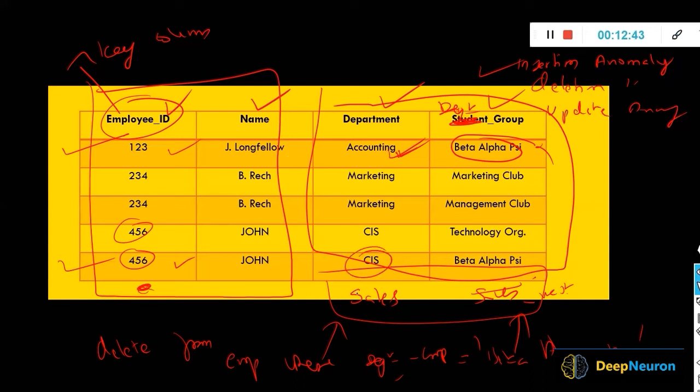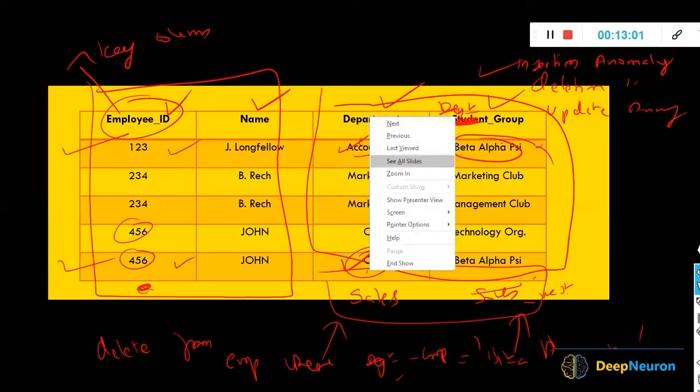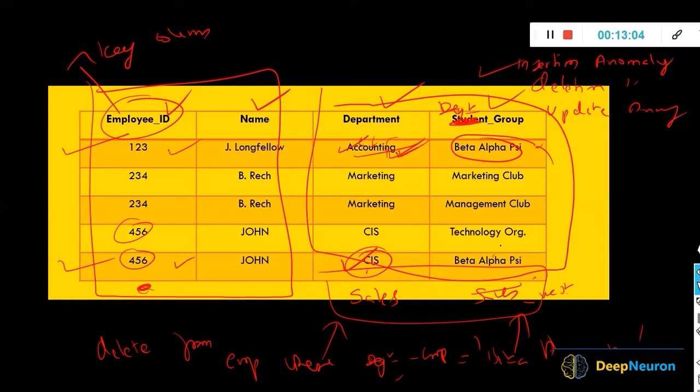So in that case, you will have to update here and you have to update here. He is no longer part of accounting, so you want to override this value. Unnecessarily, you need to update in two different places. But he belongs to two different groups, and still his record should be there. So you will have to update in two different places.